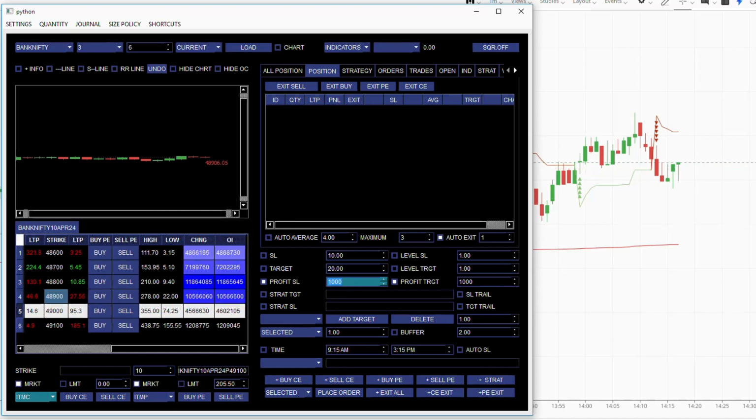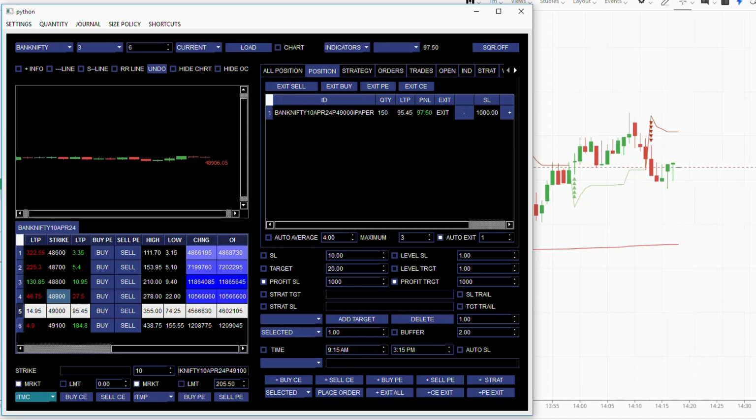Okay, let's do this. Okay, 1000 rupee profit is reached and the order is exited. This is how profit target and profit SL look.